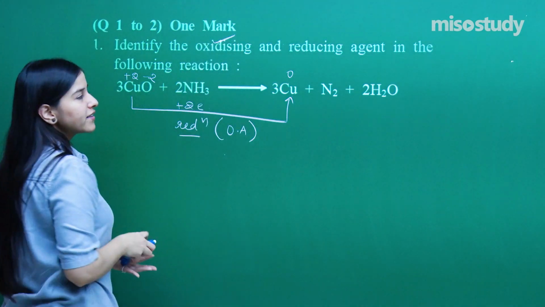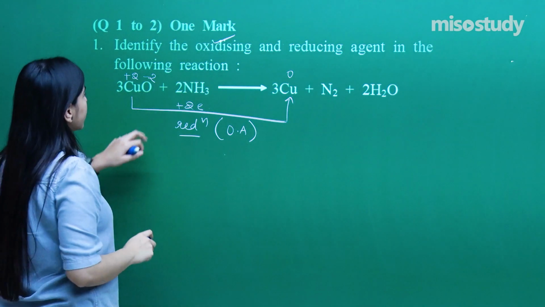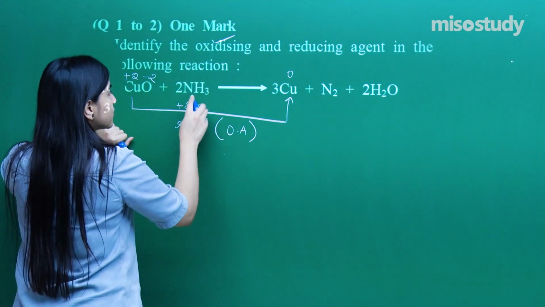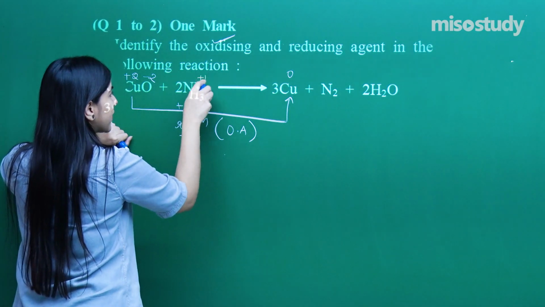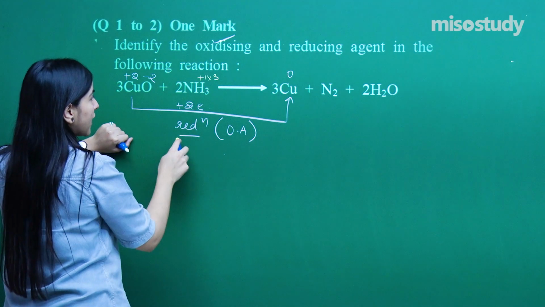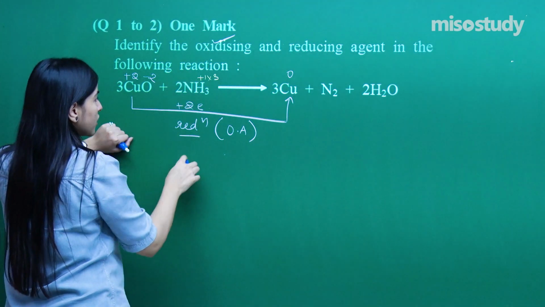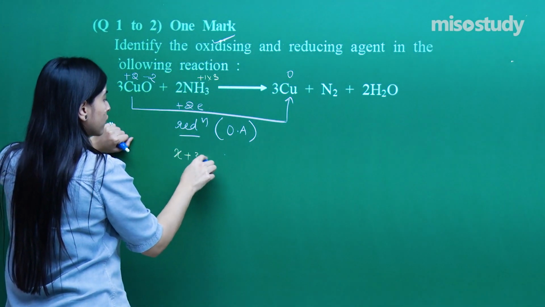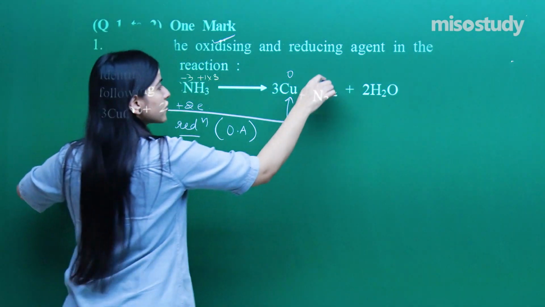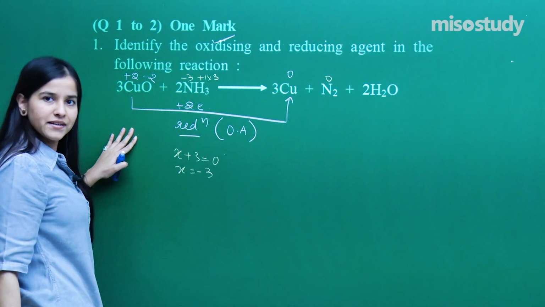Now the next thing, nitrogen. Hydrogen is +1 into 3, because 3 hydrogens are there, so nitrogen is x plus 3 equals 0, x equals -3. Nitrogen is -3, and it goes out to be 0.